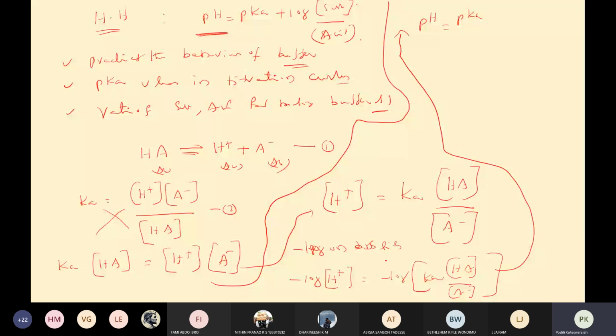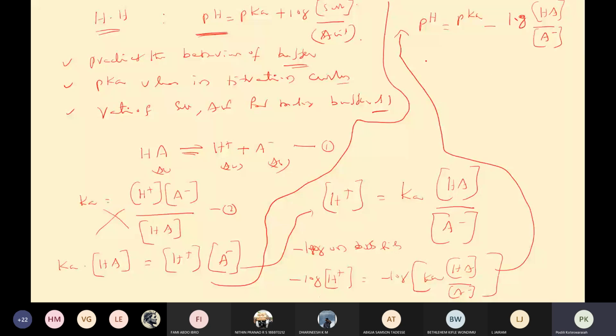Of course this we can also expand: minus log Ka HA is equal to minus log Ka minus log HA by A minus. Therefore minus log Ka becomes pKa, and minus log HA by A minus.